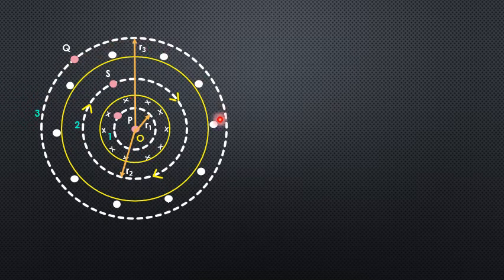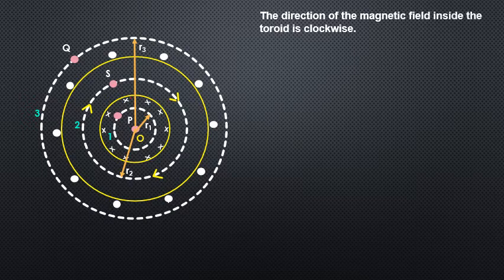And Amperian loop 3, on which point Q is situated, has its radius taken as R3. So now we start the derivation. First of all, the direction of magnetic field can be easily determined through the thumb rule, and inside this toroid it is clockwise, as it is shown here on this Amperian loop.